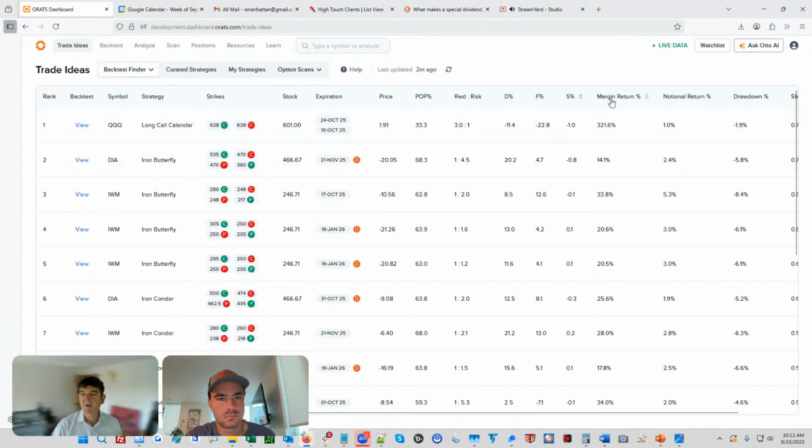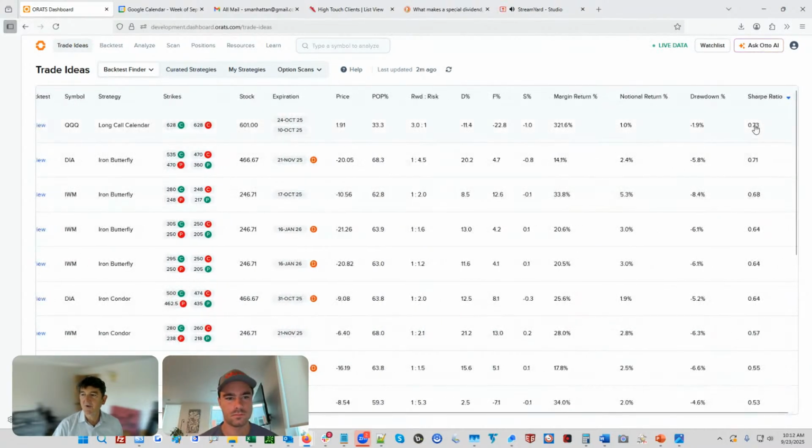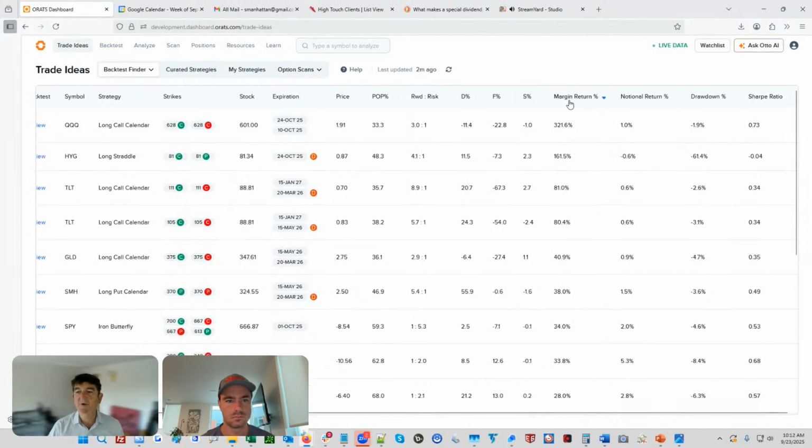But I could also sort on a number of different factors here. Right now I could sort on Sharpe ratio, which is your return divided by the volatility. But I could also look at just the margin return. What's the biggest margin return?